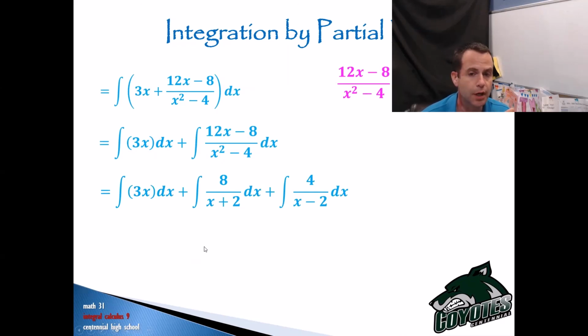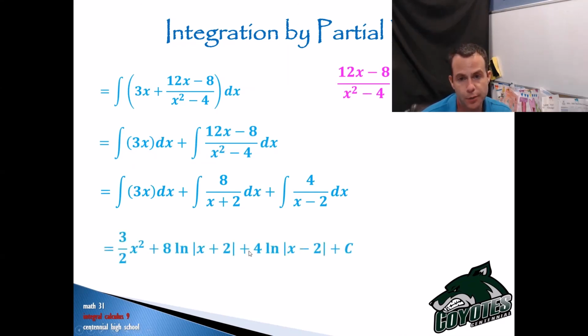The integration of 3x will be 3 over 2 x squared. And then I have 8 times ln of x plus 2, and I've got 4 times ln of x minus 2, and then plus c. Okay, so that will be the integration that I was seeking.